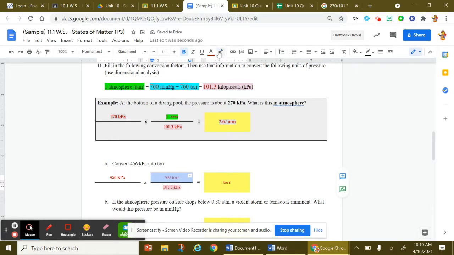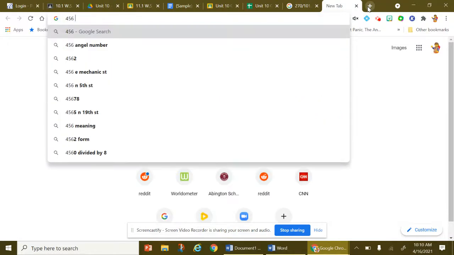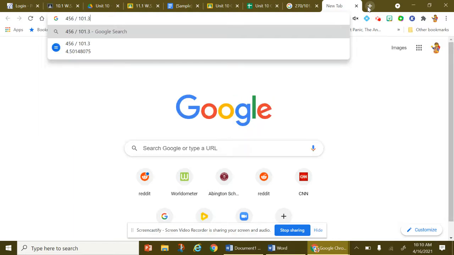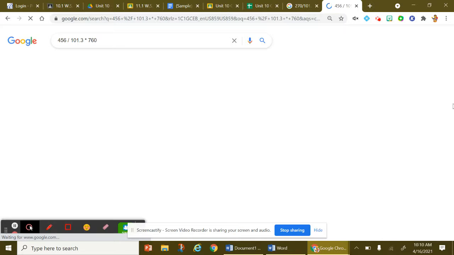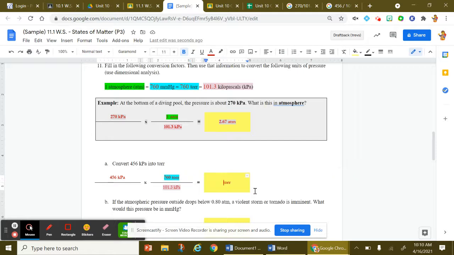To get out of kilopascals and into torr, we divide by 101.3 and multiply by 760. So 456 divided by 101.3 times 760. The answer is 3,421 torr. That is your final answer.